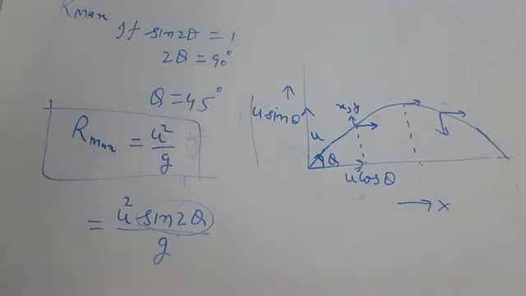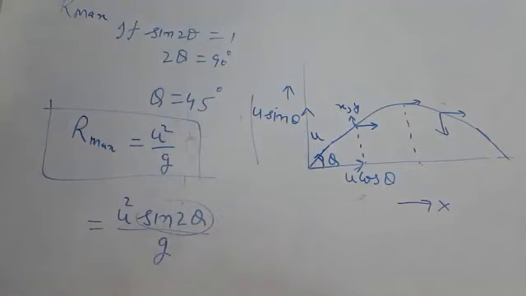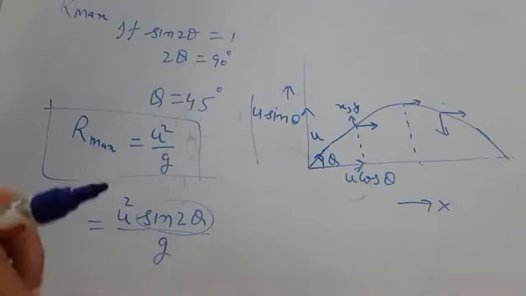Now we will take one case. If I change this angle from theta to 90 minus theta, then what will happen? Suppose the angle of projection is 30 in the first case, and in the second case I am taking it to 90 minus theta, that is 90 minus 30, that is 60. So is there any relation between these two?